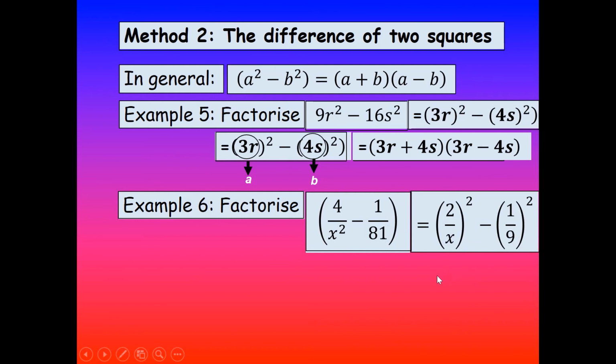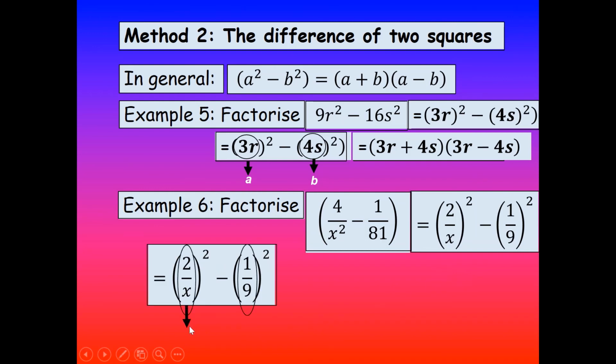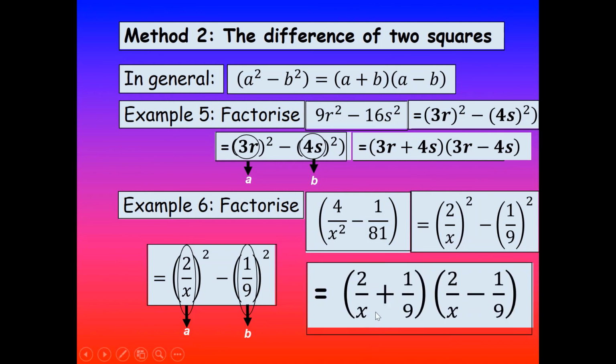Now once I've done that, then I know that the first one here, 2 over x, is the a value, and the second one there inside the bracket is the b value. Now putting this information together, a plus b into a minus b in the general form gives you 2 over x plus 1 over 9, and 2 over x take away 1 over 9.